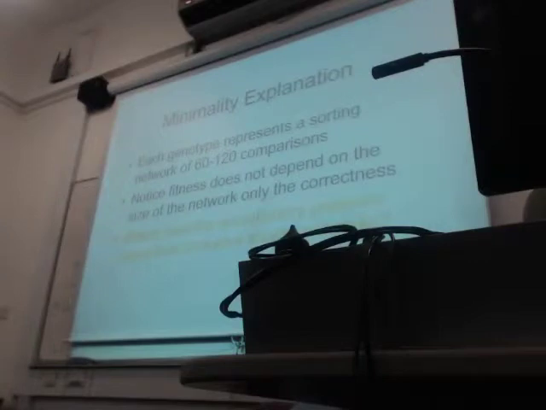But we have another network that instead does 1, 2, 3, 4, 1, 3. I'm not saying that these are sorting networks. And then it does 1, 2, and then it does 1, 4, and then it does whatever, 2, 3.